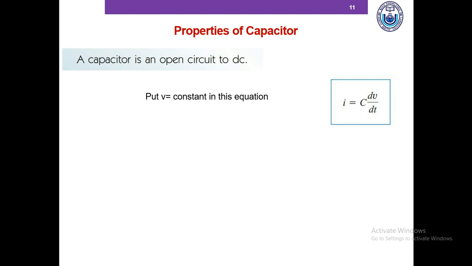When we discussed open circuit and short circuit in an earlier lecture, we discussed that if the current through an element is 0, we can replace that element with an open circuit. And if the voltage across an element is 0, we can replace that element with a short circuit. In other words, since the current is 0 here, the capacitor can be replaced with an open circuit. Constant voltage means DC. So a capacitor is an open circuit to DC.